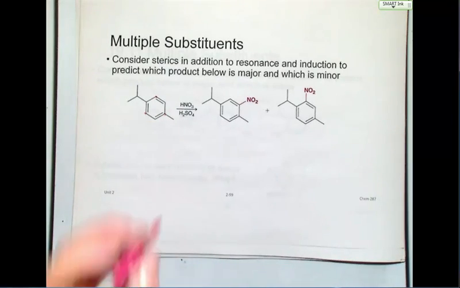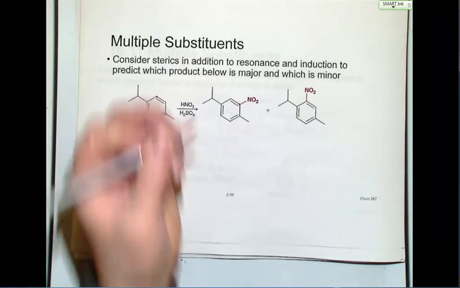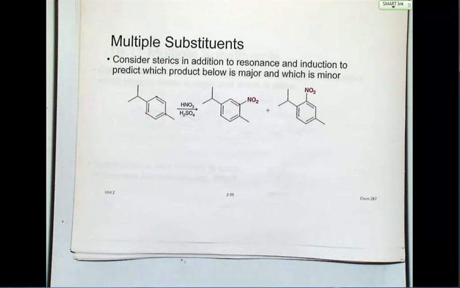Why is there a meta product being drawn? Because they're both ortho-para. They're blocking para positions for each other, maybe? Well, both of them are going to be directing in some effect, correct? Oh, yeah, because the meta position is ortho to the, sorry.